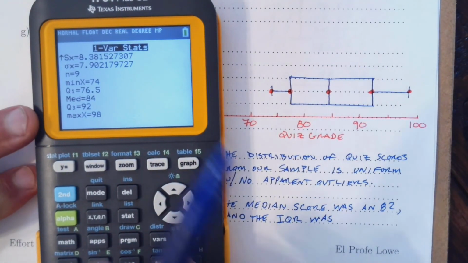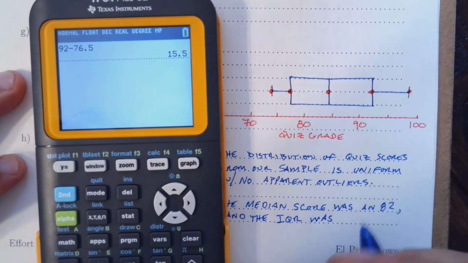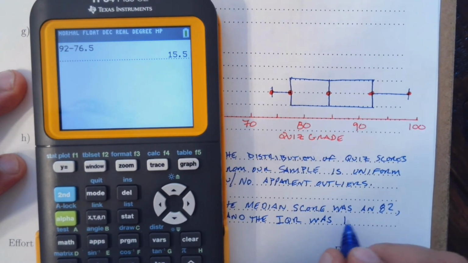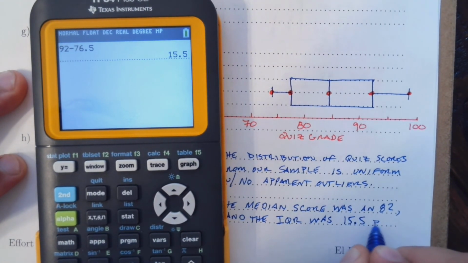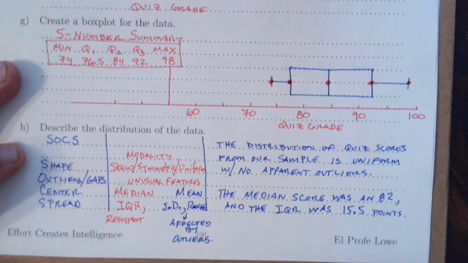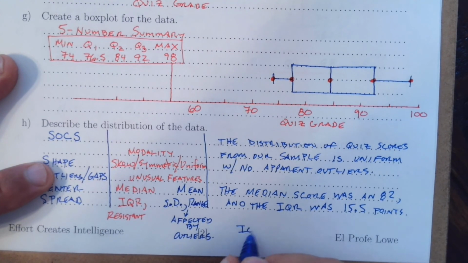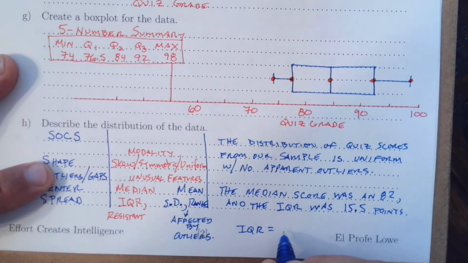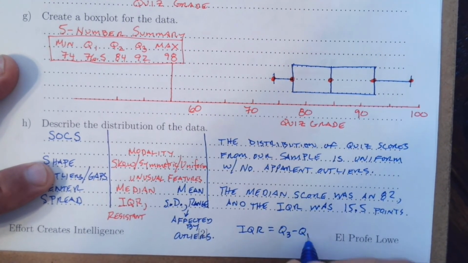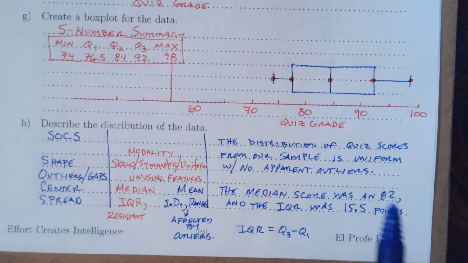I can come to my calculator if I'm not comfortable doing that in my head. 92 minus 76.5, and I can say that the interquartile range was 15.5 points. And once again, just so we're sure, the interquartile range is quartile 3 minus quartile 1. So there we have our description of our distribution.